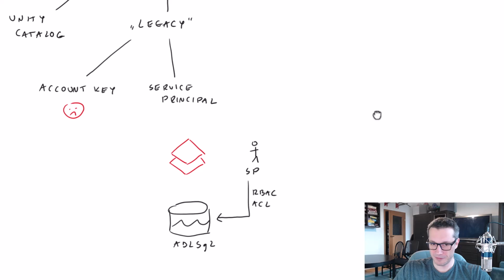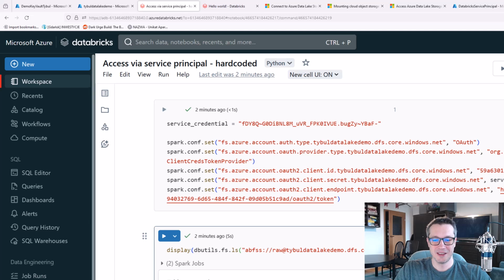But there are others. If for some reason we don't want to create a service principal, or maybe we cannot do this, we can use yet another method that simply uses SAS tokens, that we also covered in the past. All right, so let's do this using a SAS token.